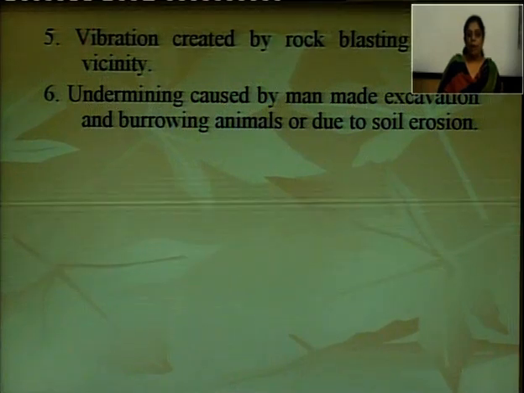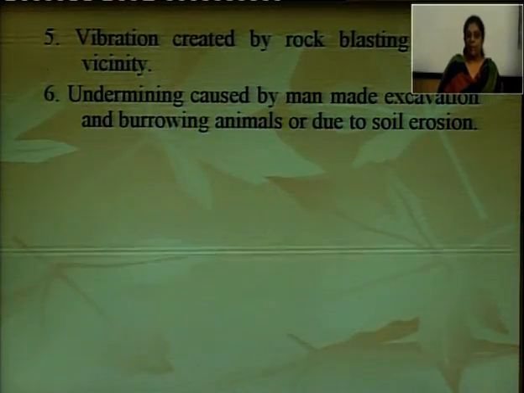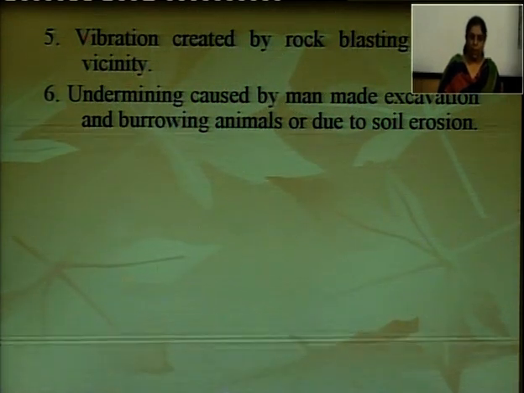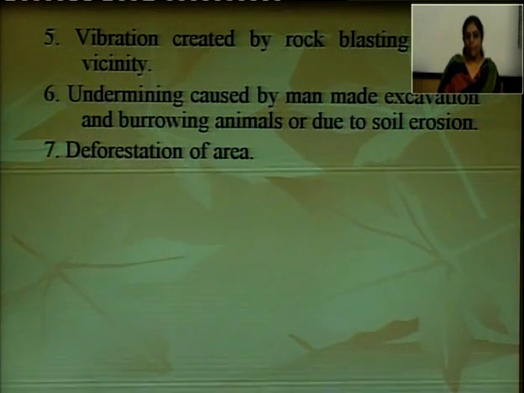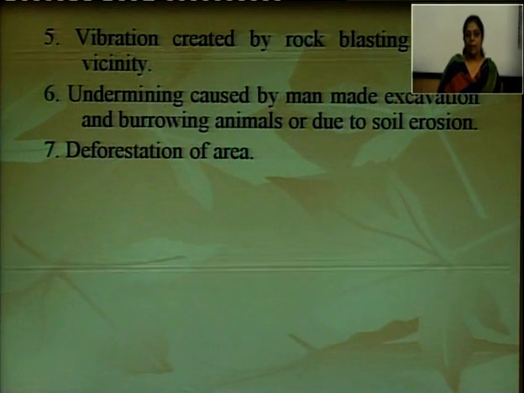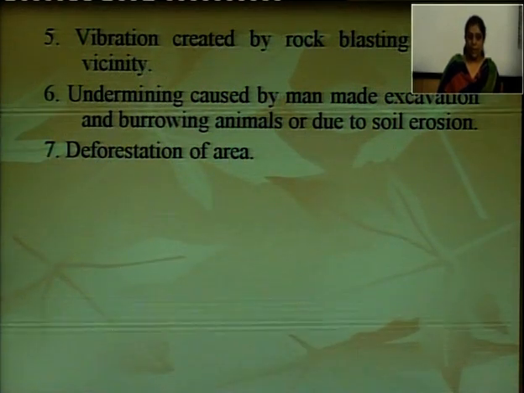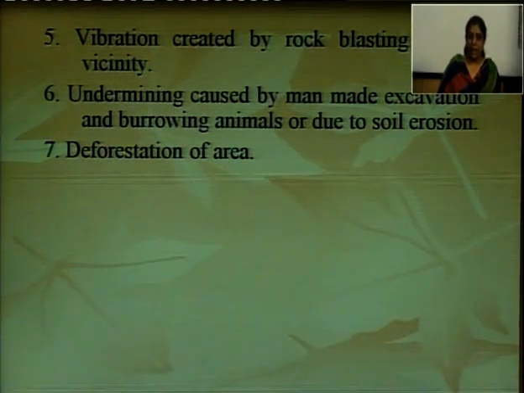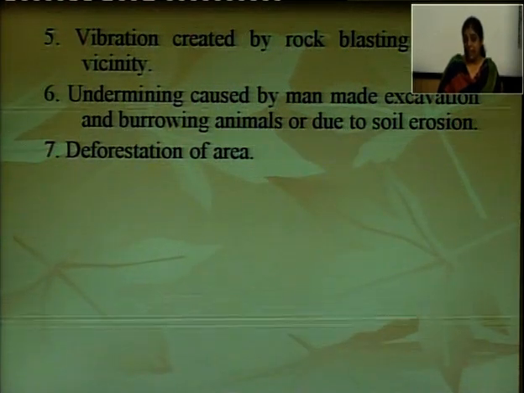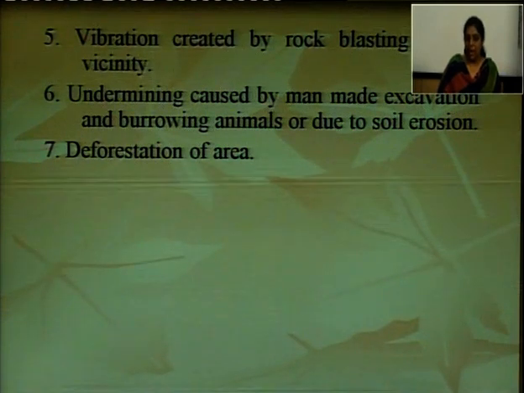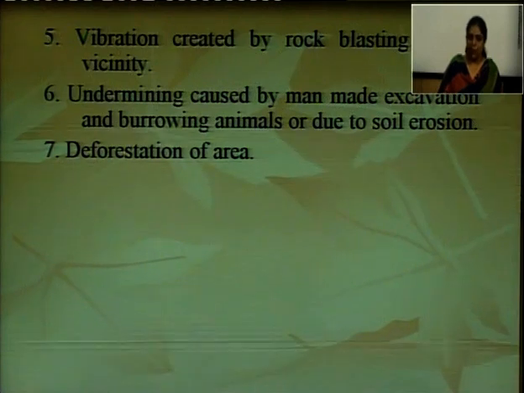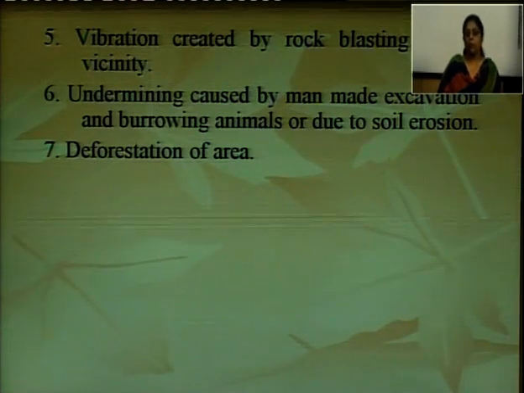Then undermining caused by man-made excavation and burrowing animals, or due to soil erosion. This is also one of the reasons. Then deforestation of the area. Whenever we cut the trees, that is basically a man-made cause, and we invite landslides to occur on the slopes of the hills.